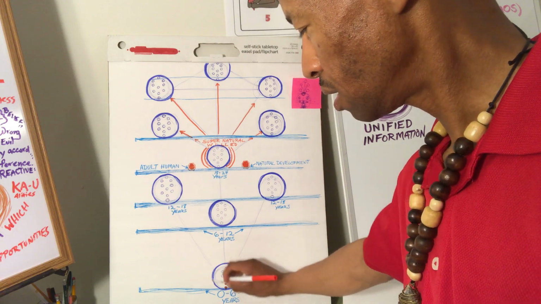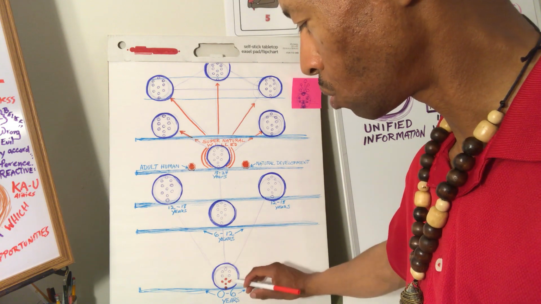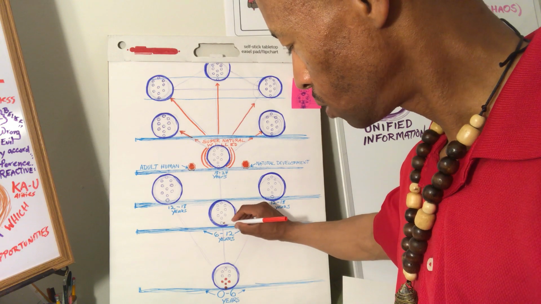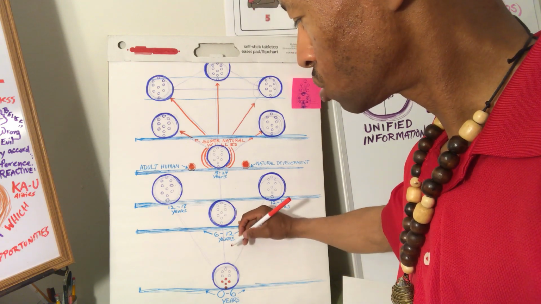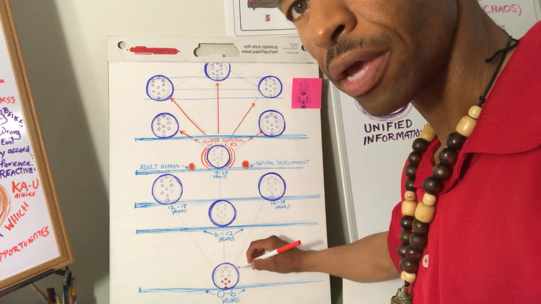If the child who is born into the world only gets the lower aspects of the spirit, then when they get to 6 to 12, that really is all they have in terms of physical care.